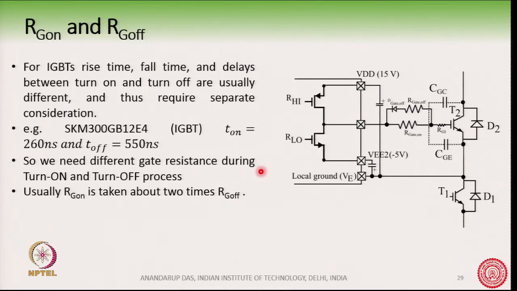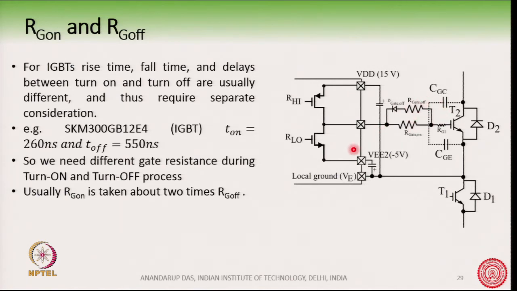Okay. So, here you can see one circuit which has two different resistances. During turn on, this R gate on, this resistance comes into picture. Okay. This is how the circuit is flowing, this R gate on, because this diode here is reverse biased, whereas during turn off a parallel combination of these two resistances comes into picture.